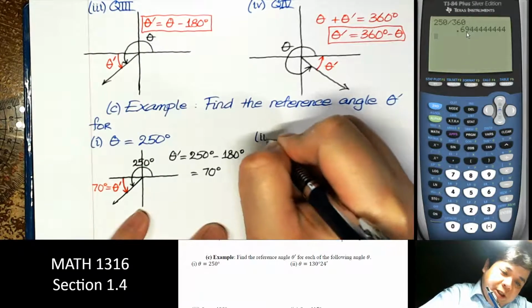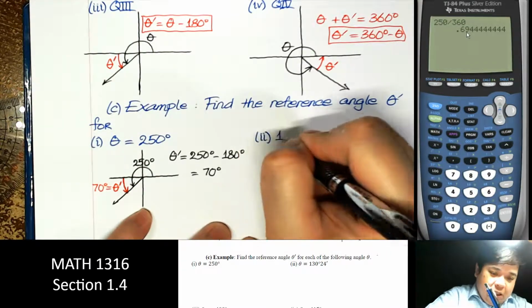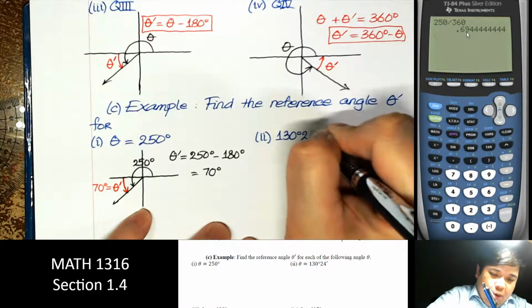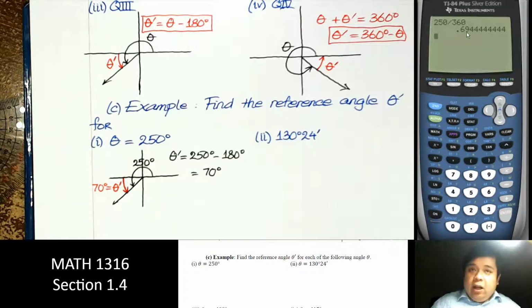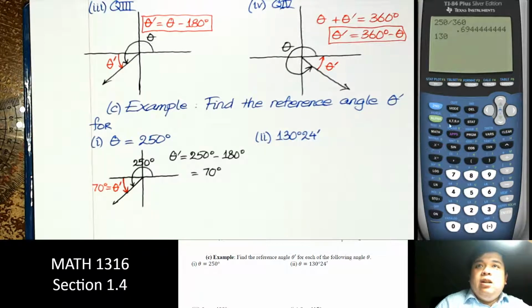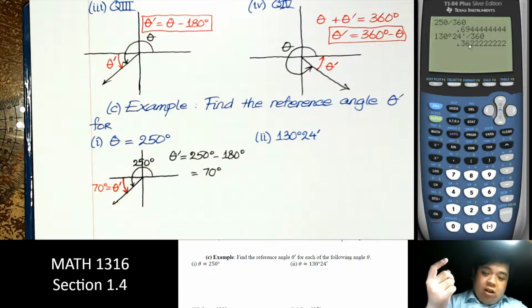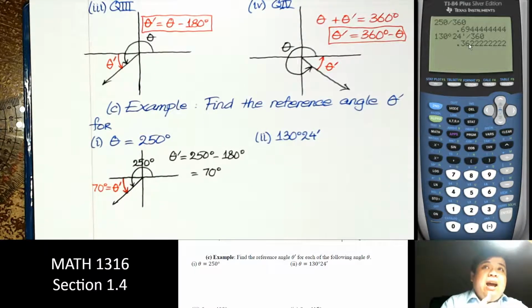Example two: 130 degrees and 24 minutes. So if we use 130 degrees and 24 minutes divided by 360, this is 0.36. 0.36 is more than a quarter and less than half.